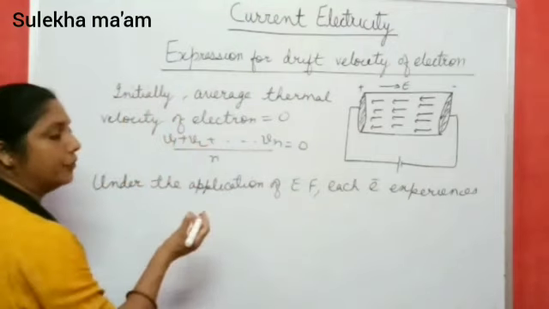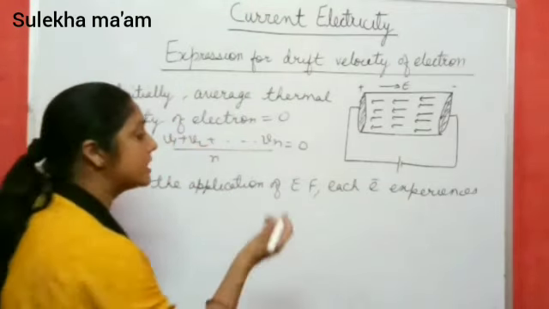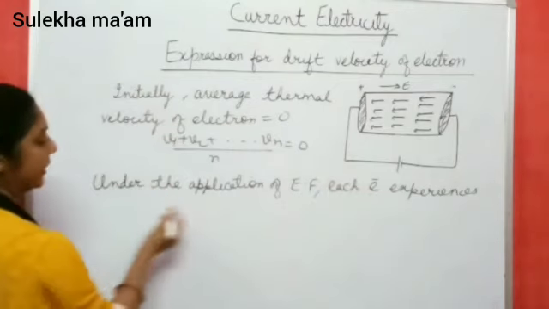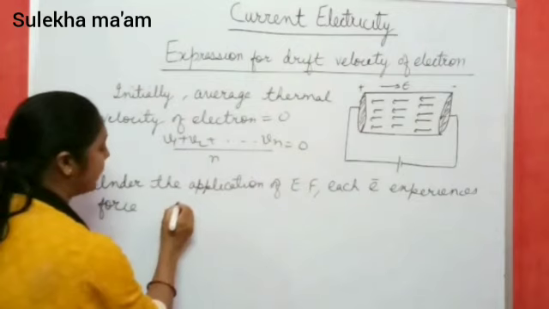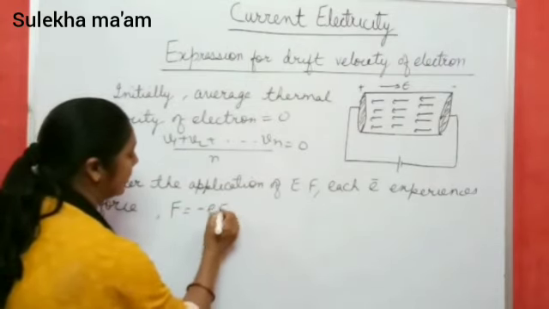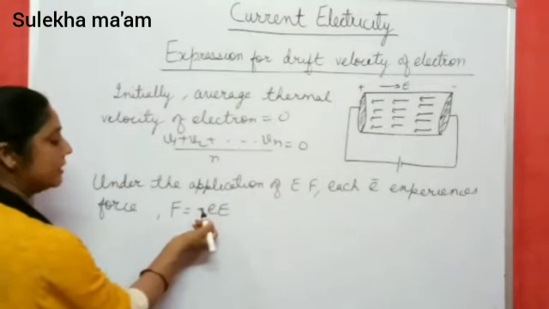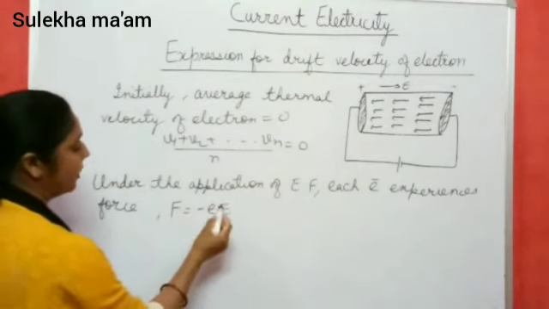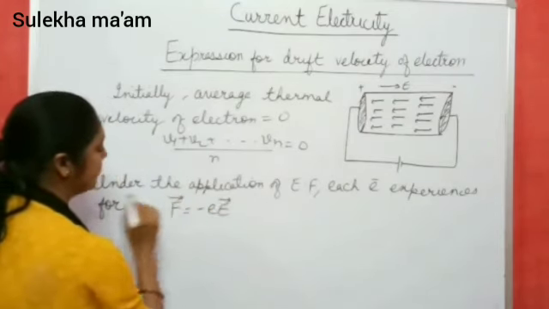Due to the electric field, each charged particle experiences force. So here also each electron experiences Coulomb force, that is given by F equal to minus eE. Why minus sign? This shows the charge is negative, electron. This is the direction of field and this is the direction of force.